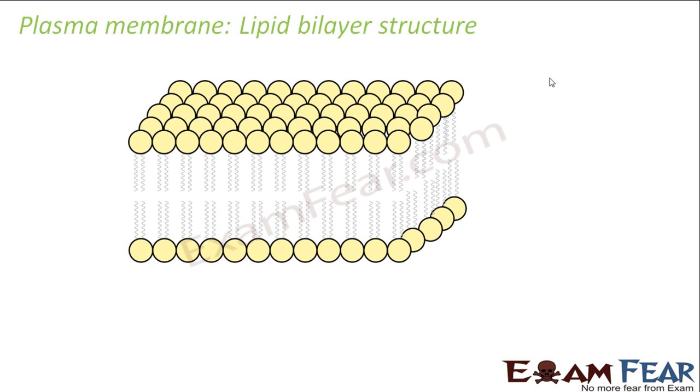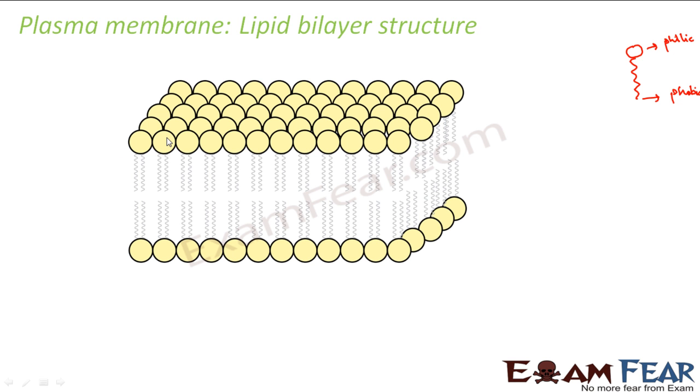That means they have a hydrophilic end as well as a hydrophobic end. Here in this picture you can see these kinds of structures. This tail represents the hydrophobic end and this head represents the hydrophilic end.